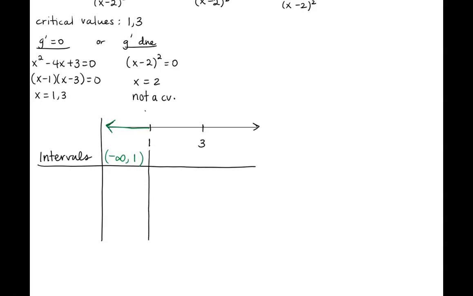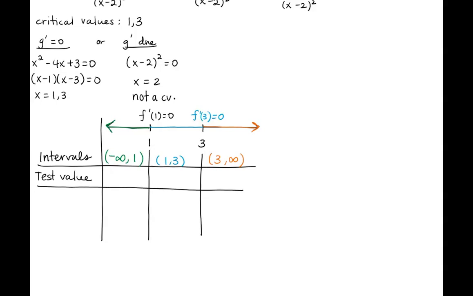We know that at 1, the derivative was equal to 0. Our second interval is between 1 and 3. We also know that at 3, the derivative is equal to 0. And our final interval will be from 3 till infinity. In each interval, we will need to choose a test value.